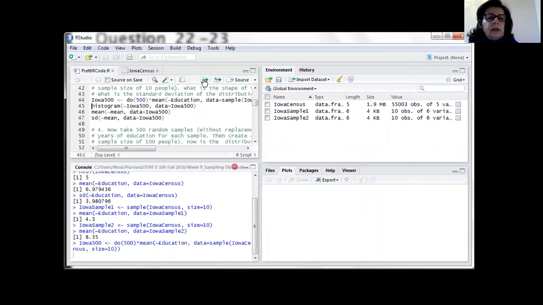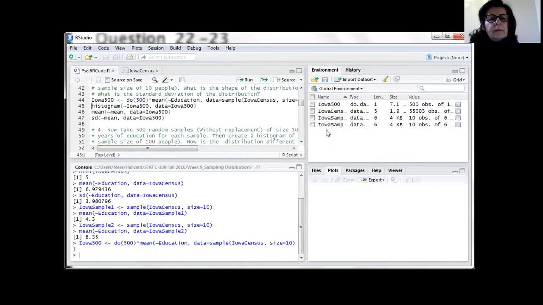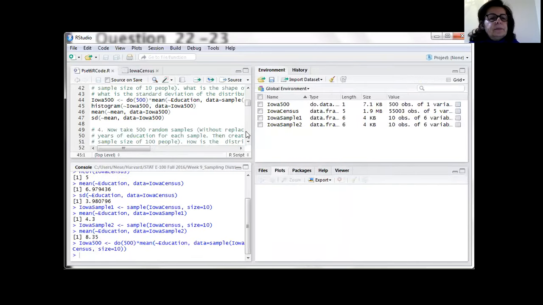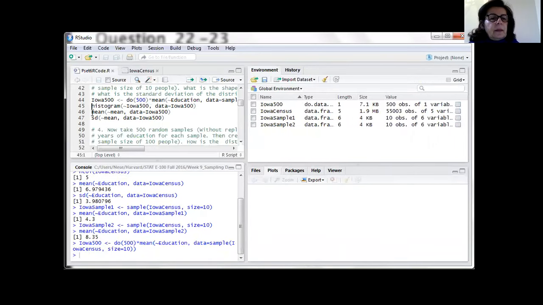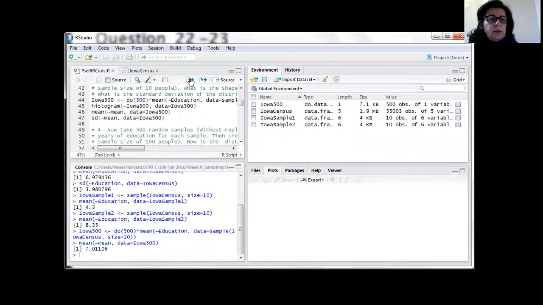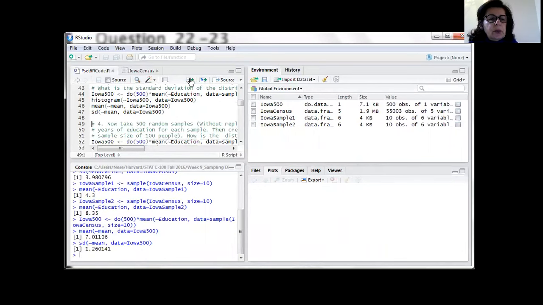This is the 500 samples of size 10. The mean of the sampling distribution is 7.01 and the standard deviation is 1.26. And let's look at the histogram.